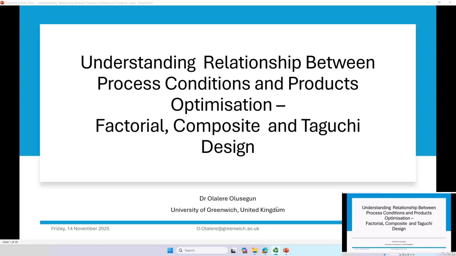This is not part of the exam. This is just more like a software learning software. But for today, I will only introduce you to Factorial design, composite, and Taguchi design.